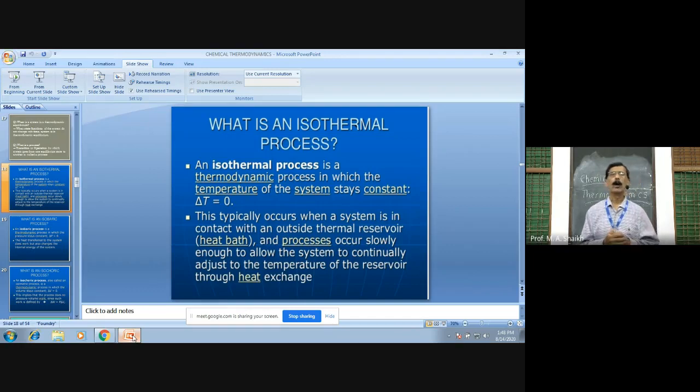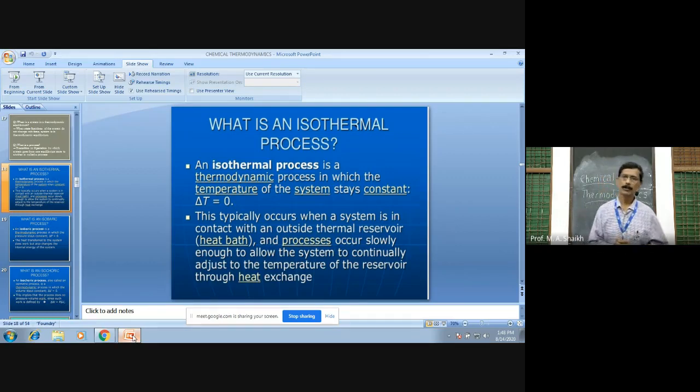So what is the isothermal process? A process in which temperature of the system remains constant throughout the change. T is constant. T is a symbol for temperature. Therefore, all temperature readings are same.